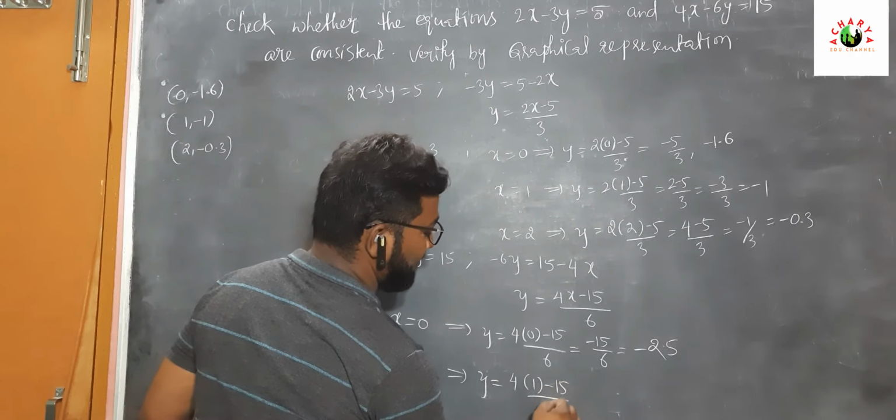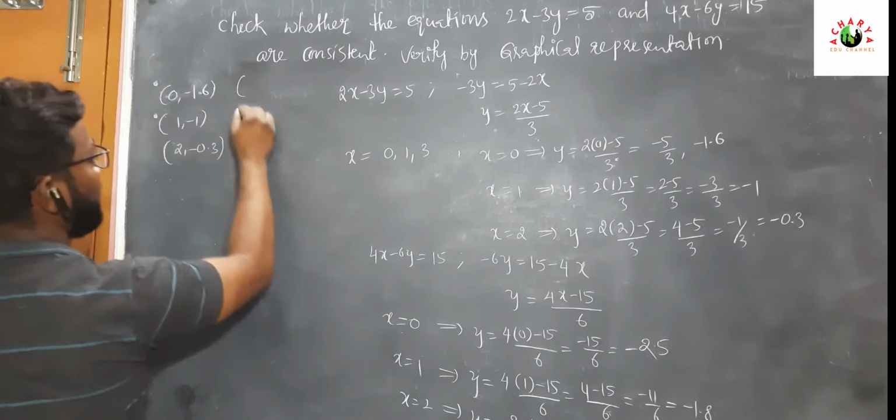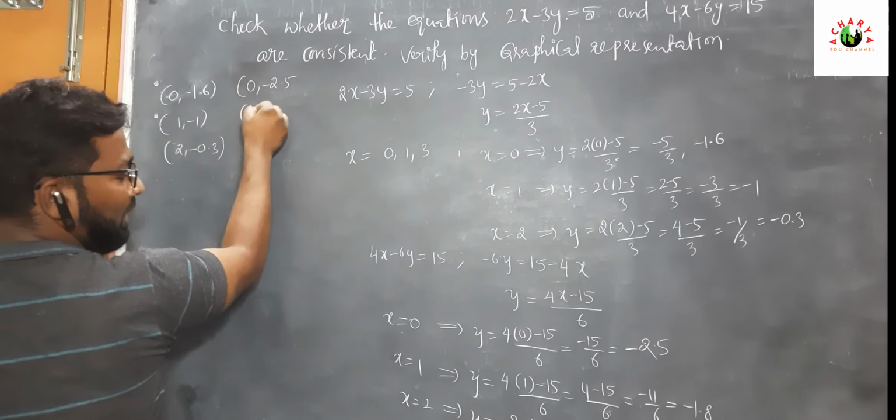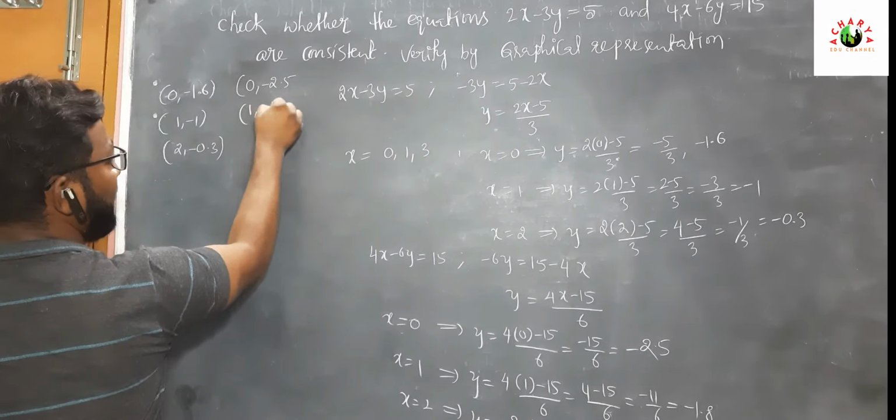Now the second equation's values: when x is equal to 0, the value is minus 2.5. So 0 comma minus 2.5, 1 comma minus 1.8, 2 comma minus 1.1.